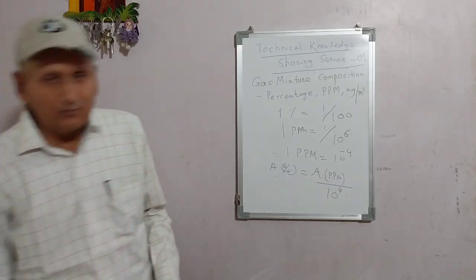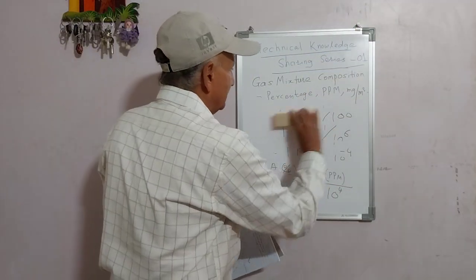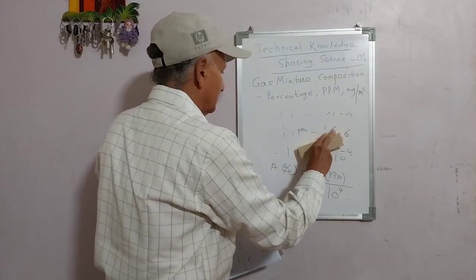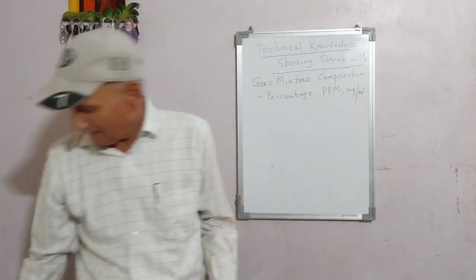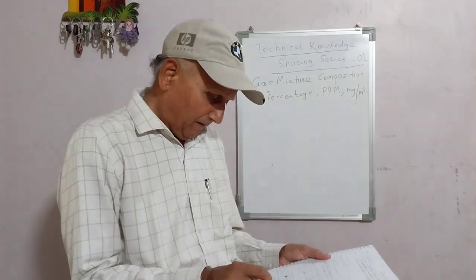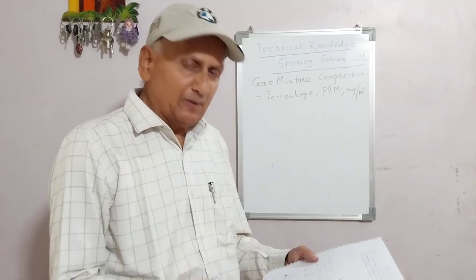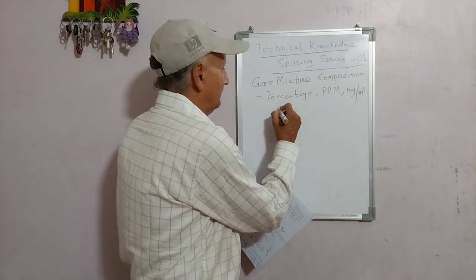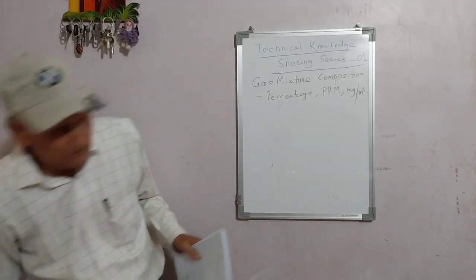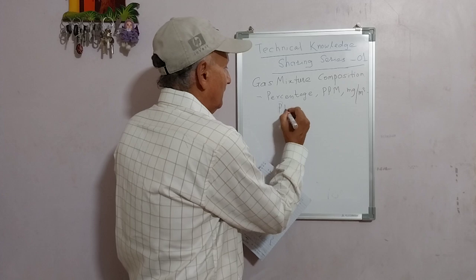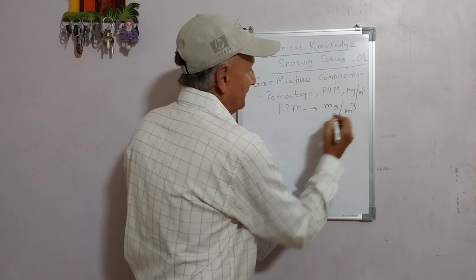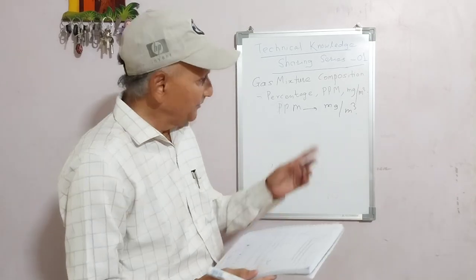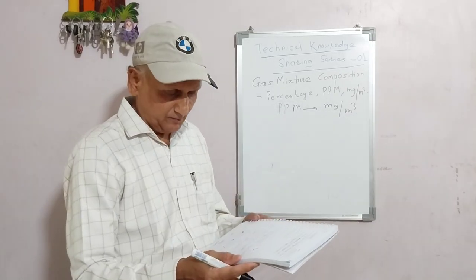Now we'll come to the second: how to convert ppm into milligram per meter cube. Suppose it is given in ppm, how to convert into milligram per meter cube.